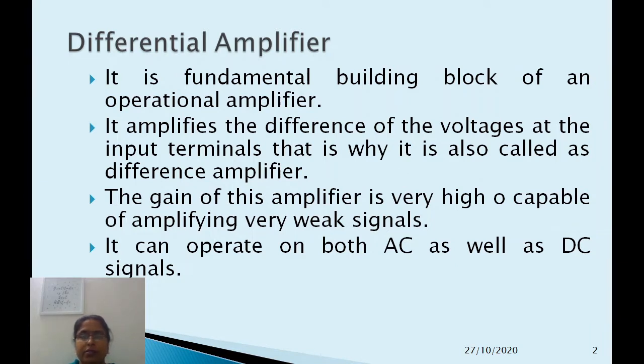That's why it is named a difference amplifier, or differential amplifier. The gain of this amplifier is very high, so it is capable of amplifying very weak signals, and it can operate on both AC as well as DC signals.